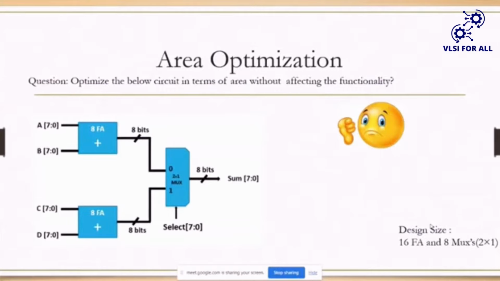Similarly, there are C and D. We are adding them, and the lower full adder contains C plus D value. The upper full adders contain A plus B value.